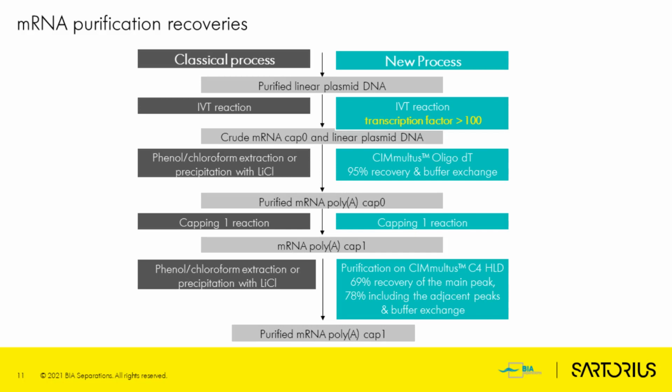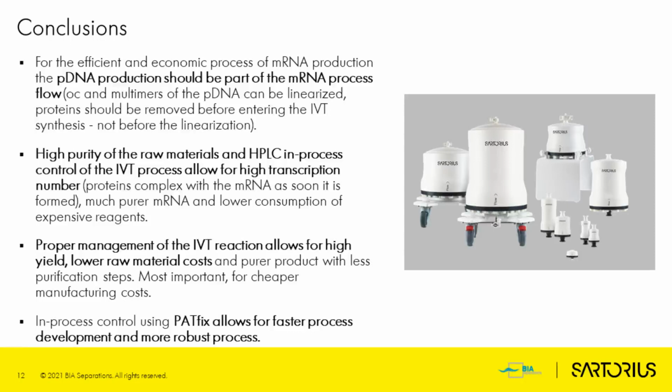The purification on oligo-dT should provide more than 90% recovery, and then the final polishing, in the case of the mRNA which already has the poly A tail inserted into the plasmid, we would basically get between 70 to 80% recovery, and basically only need one step after the final capping. So no lengthy precipitations, extractions, and so on. And you are done with your process.